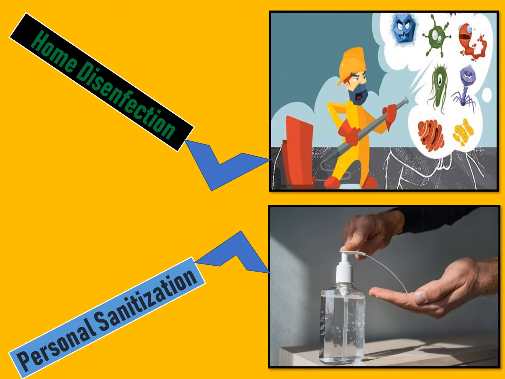Yes, another very important thing we need to do is sanitization. We need to sanitize the entire home as many times as possible with the best disinfecting agents. I'm going to tell you the actual meaning of disinfection and sanitization.